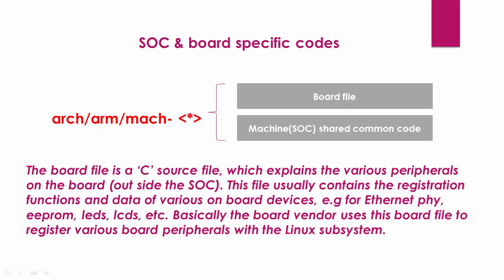The board file is a C source file which explains the various peripherals on your board outside the SoC. So this file usually contains the registration functions of various devices found outside the SoC, like your Ethernet PHY, EEPROMs, LEDs, LCDs, etc. So basically, the vendor uses this file to register his various board peripherals with the Linux subsystem.